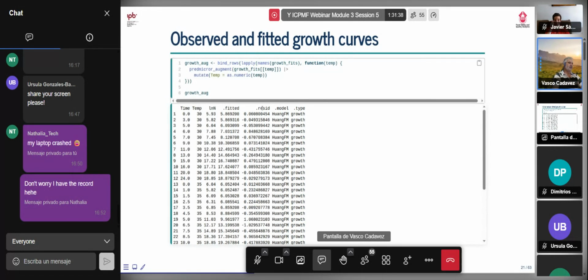And these fitted values and the residuals are also nice to validate the fitting. So this is from the PredmicroR, but all these others are general R functions from the base R, and this is from the PredmicroR package.